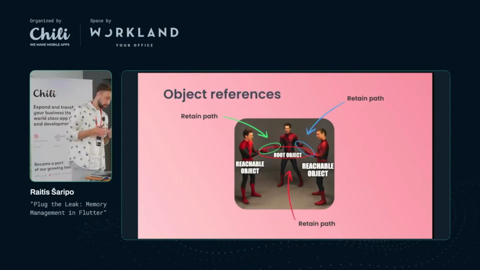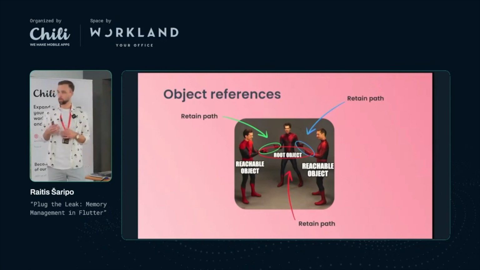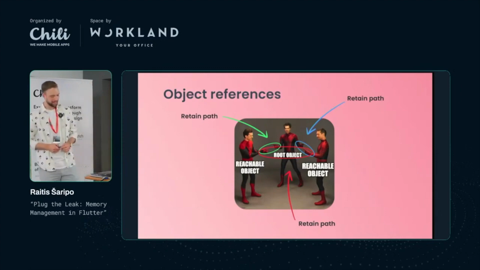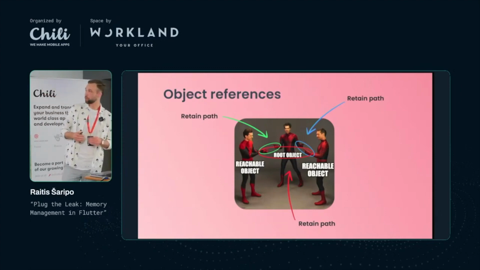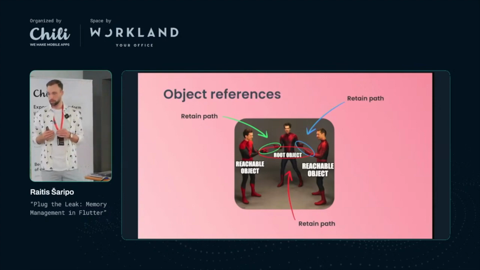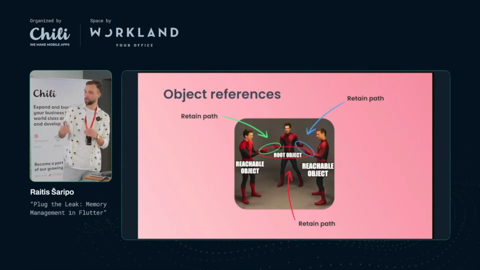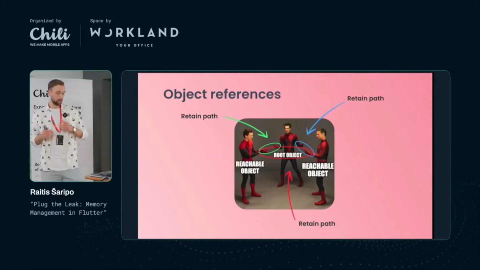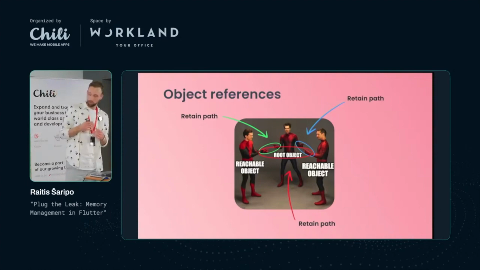Since the root object is the entry point of garbage collection, based on references, the garbage collector can understand which objects it can collect and deallocate, release the memory.